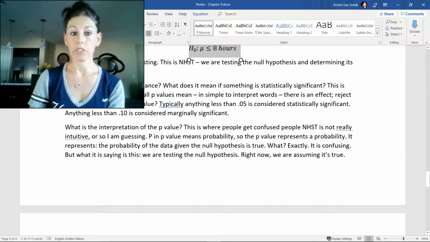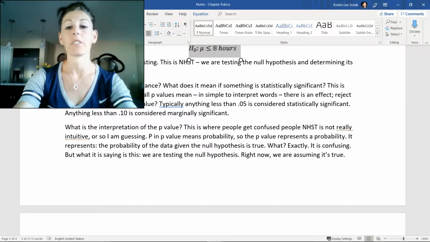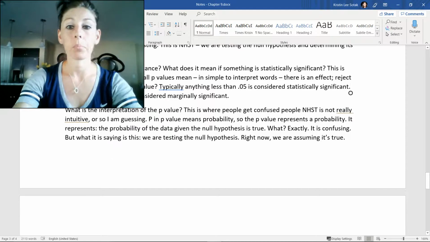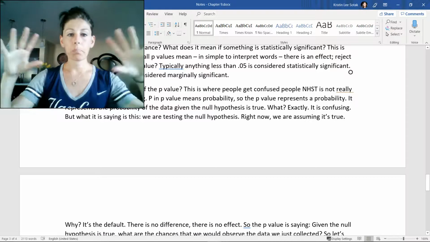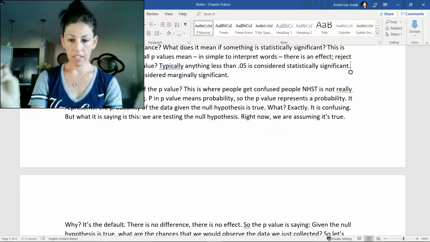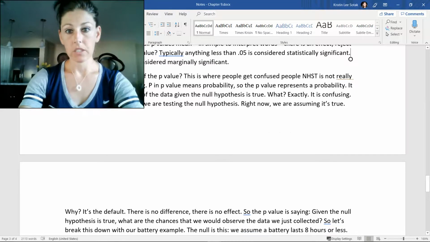But remember, we're really testing that null hypothesis to find support for it or not. We're not ever proving anything. These ideas I'm sharing with you are just the big ideas, the big pictures and concepts, so you can understand them. In the other videos, we're going to fill in the details and more of the specific language.